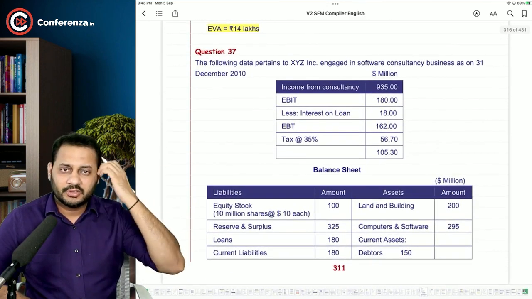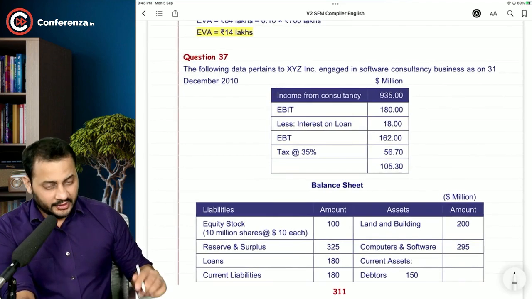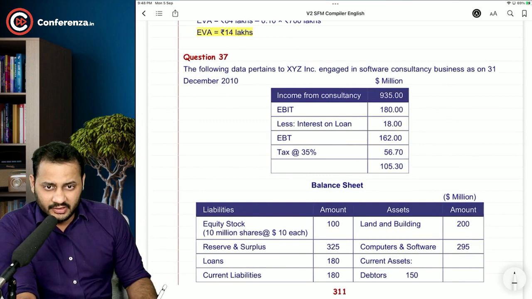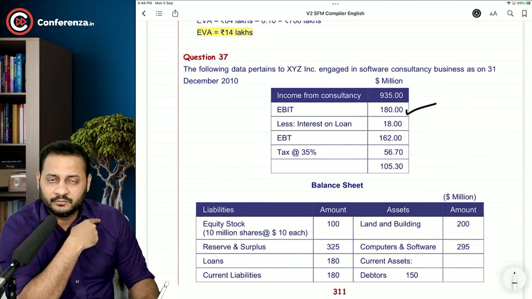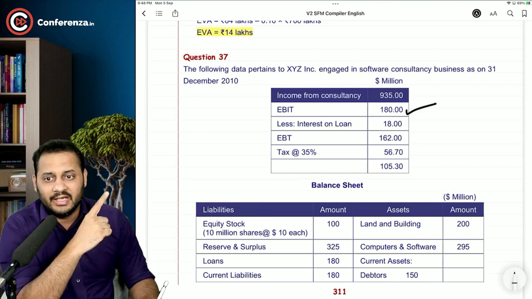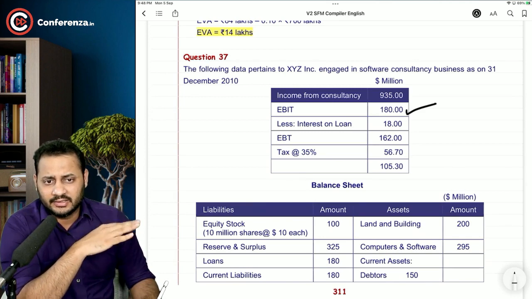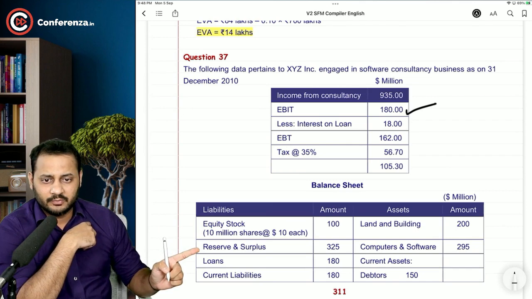Coming over to question number 37 now. The following data pertains. See, income from consultancy is 935. EBIT is 180. So this is important for us. If we want to take the earnings for equity and debt now, EBIT is important. Then interest on loan, EBT, tax rate, and so on. Now equity stock is 100, reserves and surplus is 325.